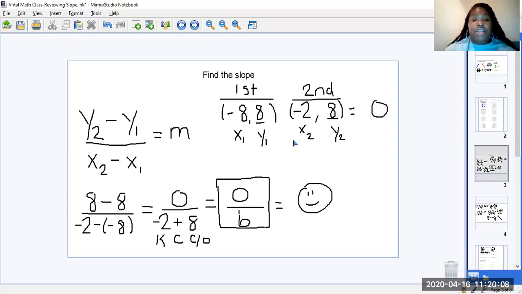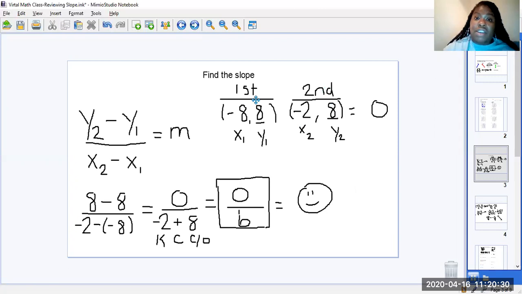Now, again, going back to the very first slide, based on the coordinates that were given to me, I automatically know I have a 0 slope. Why do I have a 0 slope? Simply because 8 is positive here in my Y coordinate, and 8 is positive here in my other Y coordinate.